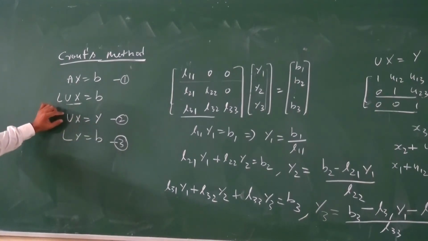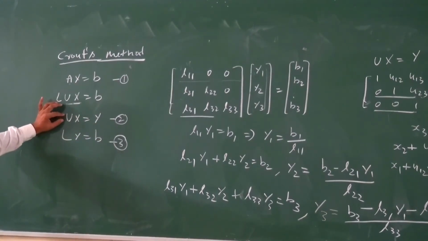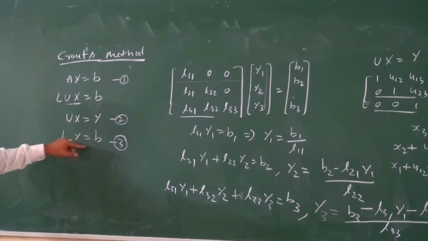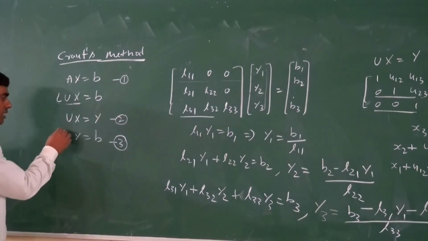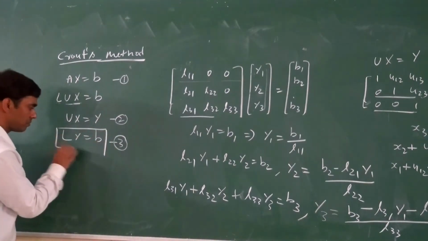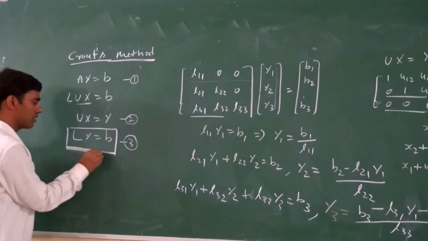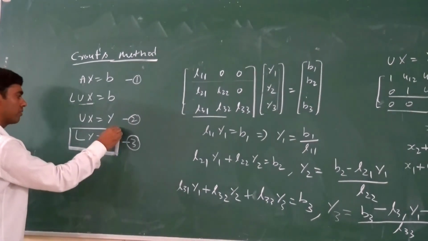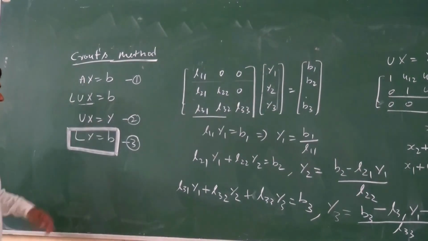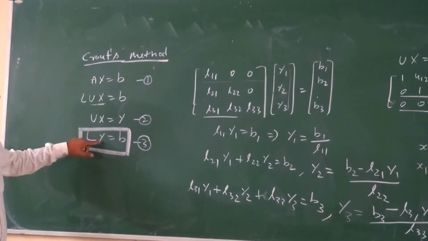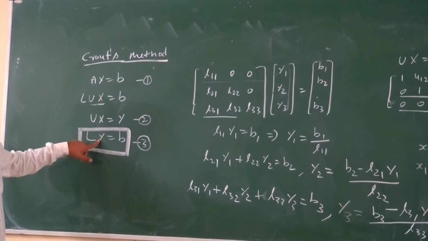Then with the help of forward substitution, once we have Ux equals y and Ly equals b, first we solve Ly equals b. Using forward substitution, we find the values of y.